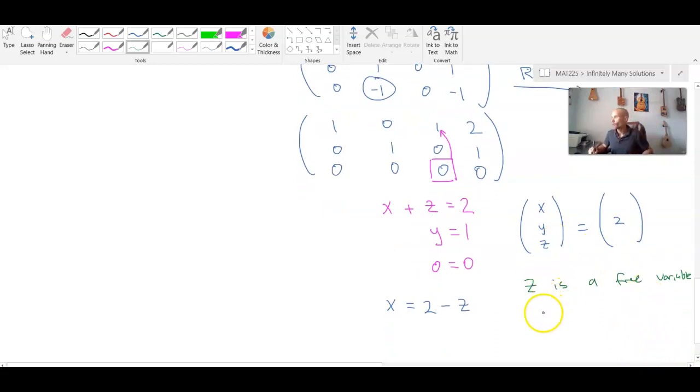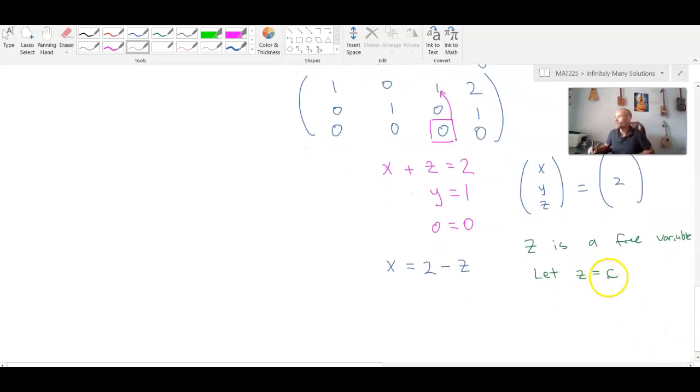All right, so that means I'm going to let z equal some arbitrary constant. Again, you can use any letter provided it's not one of the letters that you're using as a variable. And now if z is equal to c, that's going to be the value of z. It's just going to be any number that we want. And that means that now, in translation, x is going to equal 2 minus that value that z is going to take on, which is c.